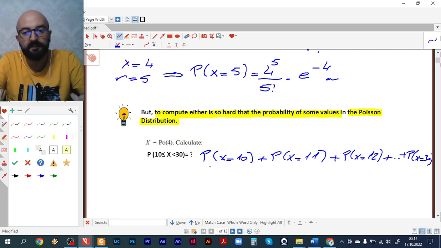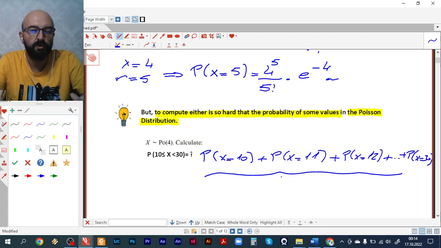But this process is very hard because we will compute about 21 probability values and then sum them all.